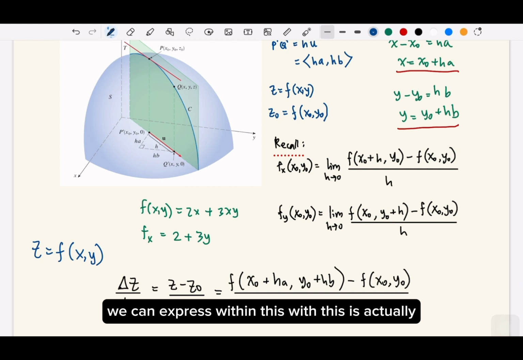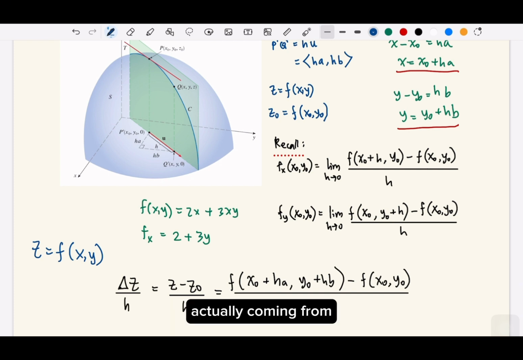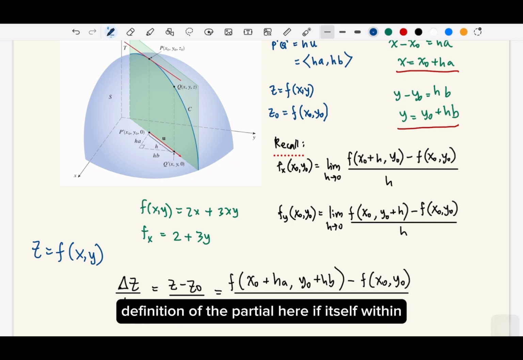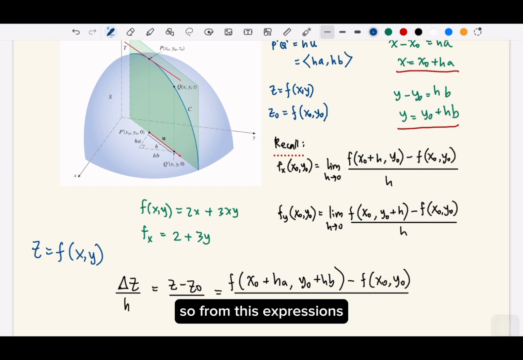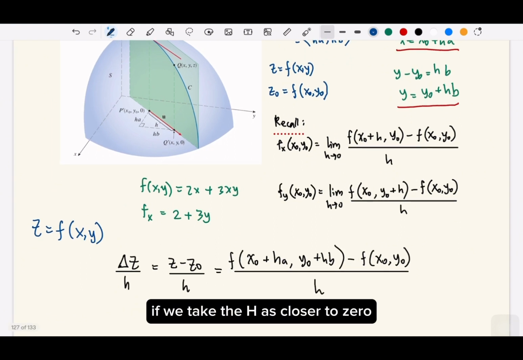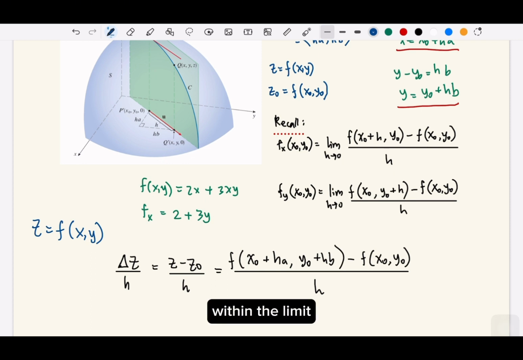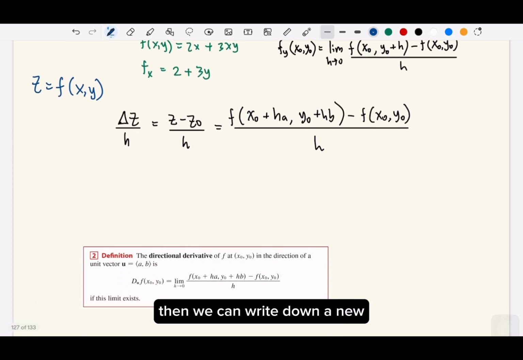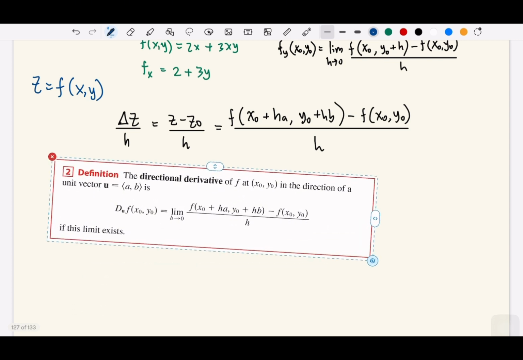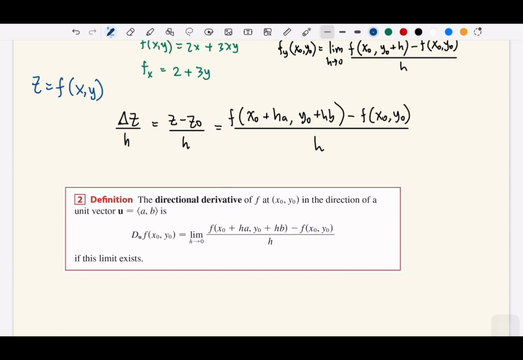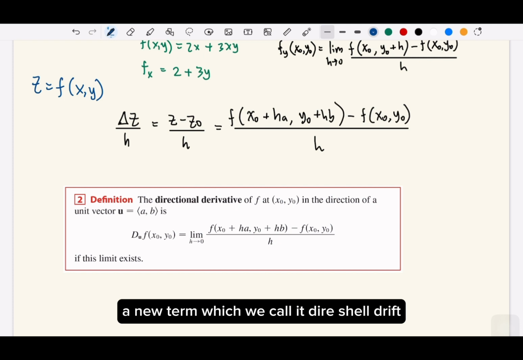This is actually coming from the definition of the partial derivative itself with limit. So from these expressions, if we take h closer to 0, getting closer and closer within the limit, then we can write down a new term which we call the directional derivative.